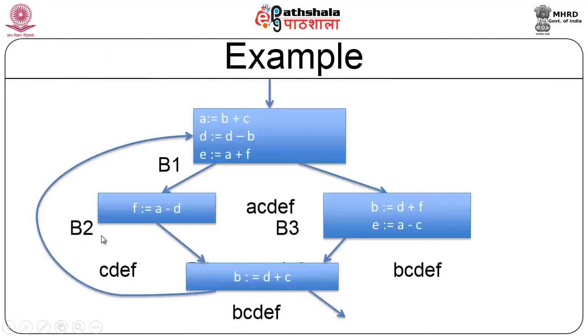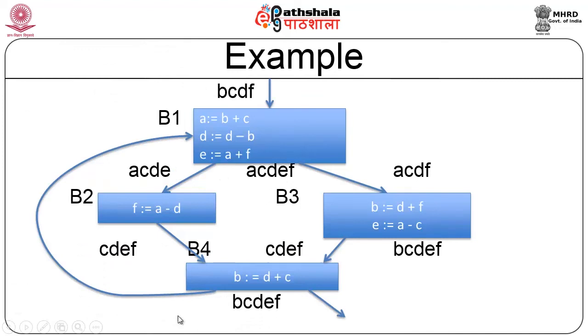Based on this, we have already seen this example in the analysis. Here B, C, D, F are the input to this particular block. The definitions of this block are A, D, E, they are defined here, and the use of this block is B, C, not D, because D is also defined here, and F. B, C, F are used here, and A, D and E are defined here.